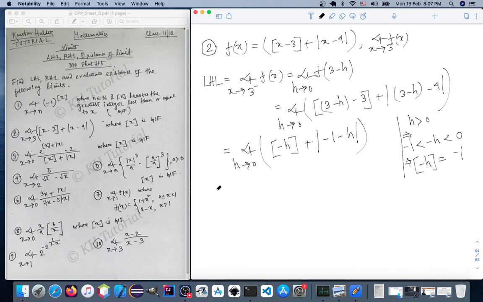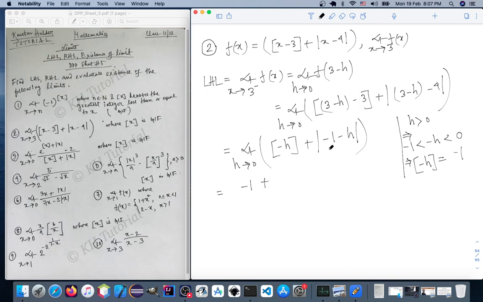So this becomes minus 1, and plus, inside mod we have a minus of (1 plus h).